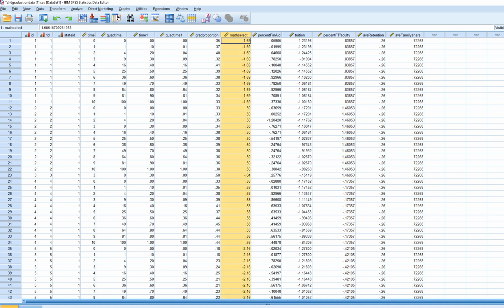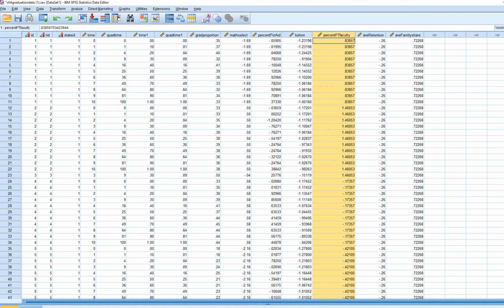So these are going to be our level 2 predictor variables within our model. The selectivity variable is computed based on standardized test scores, and you can see that it's already been mean-centered, and percentage of full-time faculty associated with institutions has also been mean-centered. So that's why you have the positive and negative values in these columns.